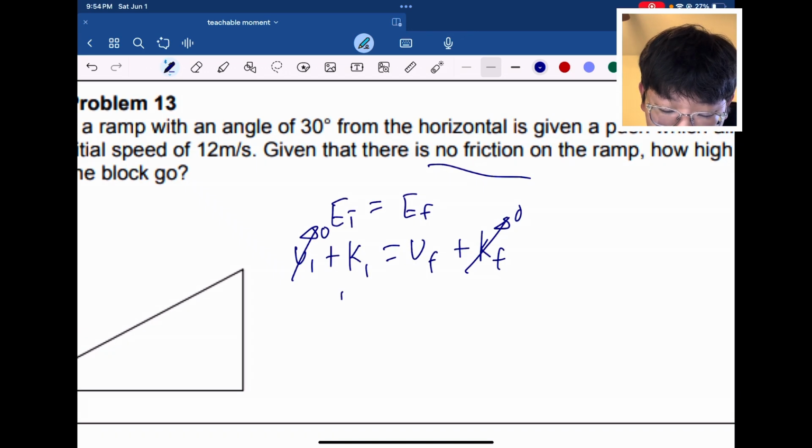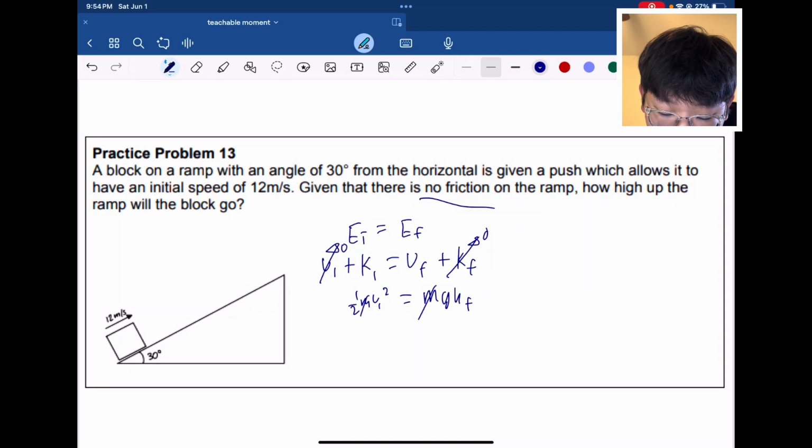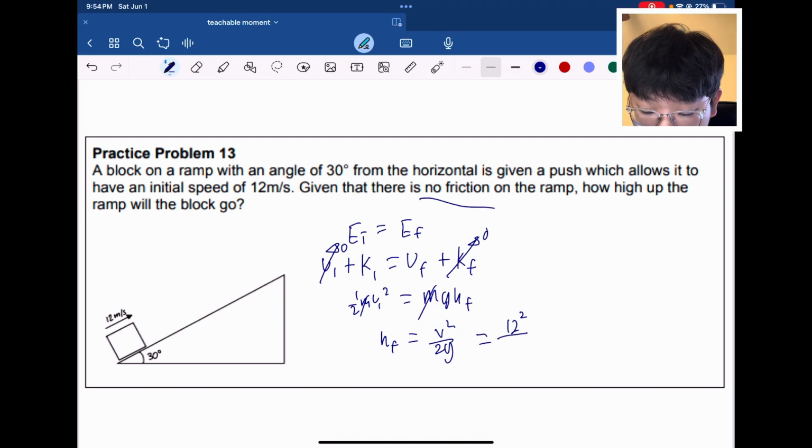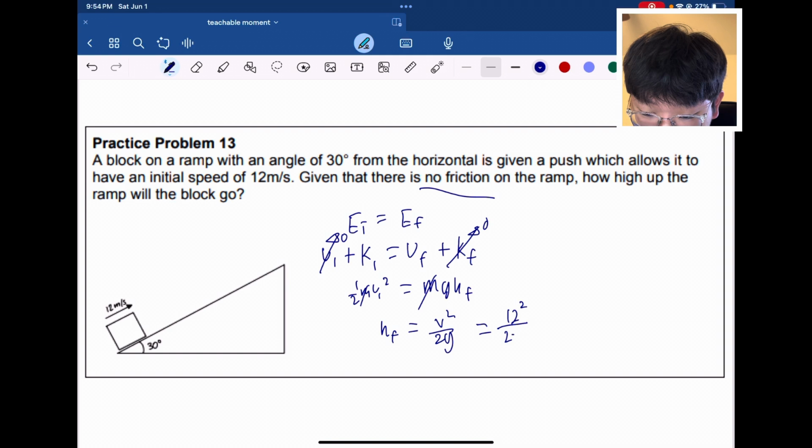So we know 1/2 mv initial squared is mgh final, and we can cross out mass. So height final is v squared over 2g, which is 12 squared over 2 times 10, which is about 7.2 meters.